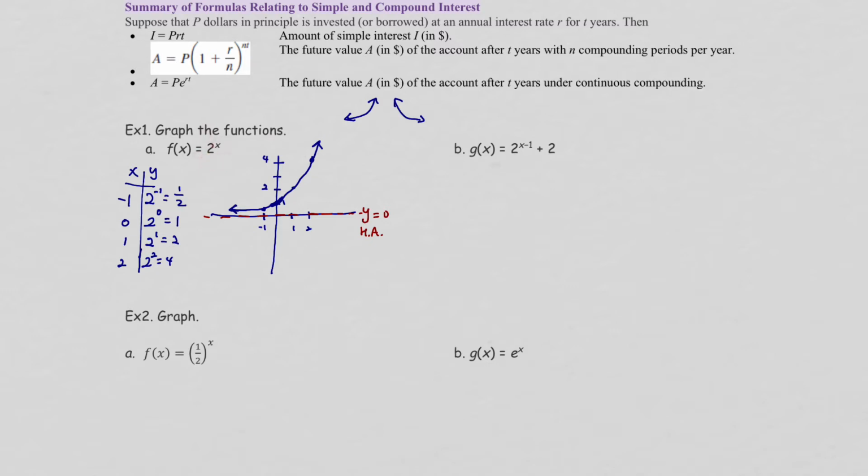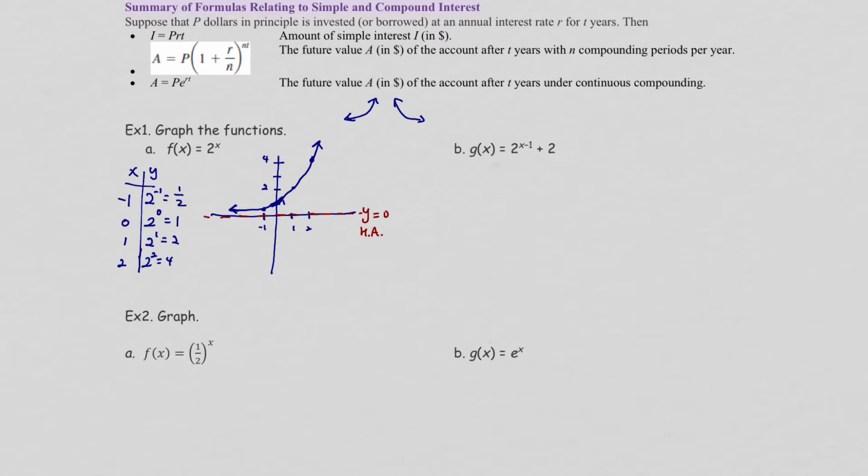Same base, 2 and 2. The only thing different is you have minus 1 on the variable x. So minus 1 on the variable x will give you a shift right 1. Plus 2, adding or subtracting on the whole function itself, is going to be going up and down. Because it's positive 2, this is going to be going up 2.